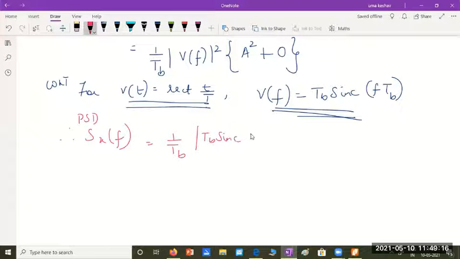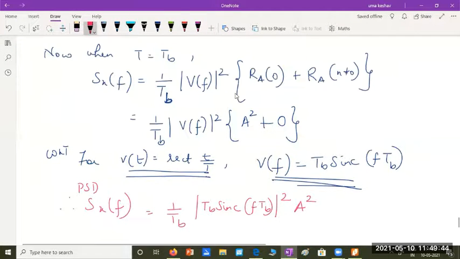Tb sinc fTb the whole square into a square. So from the autocorrelation function, I have just the value a square. So you just have to consider Sx of f as this, 1 by Tb into V of f whole square into a square.